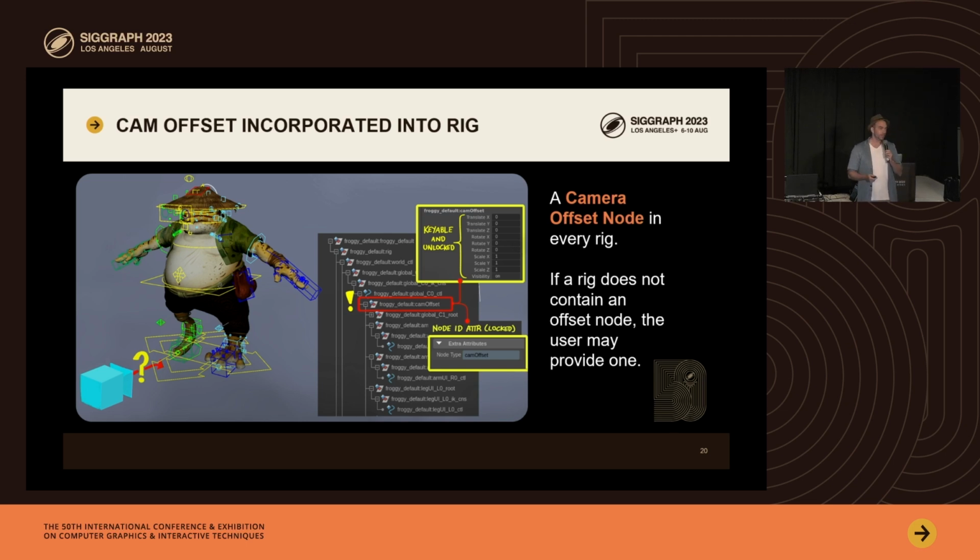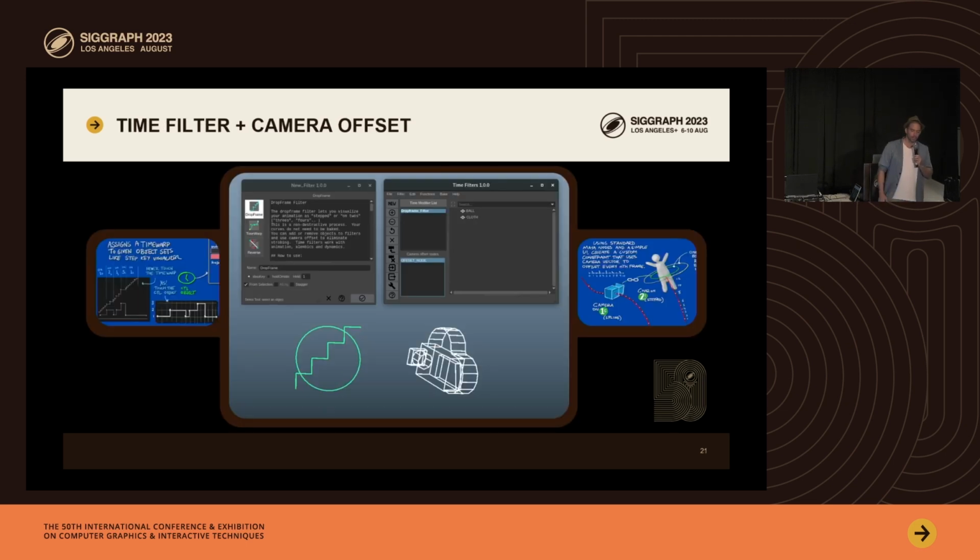If an asset doesn't have a camera offset node, then the user can provide one. So with the time filter system and the camera offset system working in tandem, we solve the drop frame timing problem interactively, non-destructively, with no need to bake, and with complete control over camera space held frames.